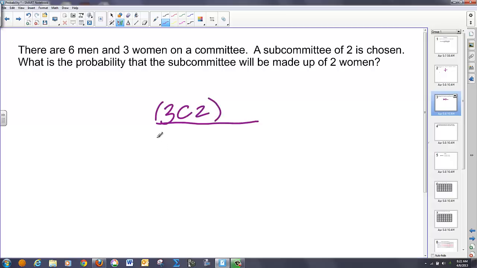And then on the bottom, I need the total number of ways I can pick 2 people. So I've got 9 total people and I'm picking or grouping 2 of them, and it doesn't matter the order in which I group them. So this would be the ratio I'd use to write that probability. And then you could pop that into a calculator and get that done. And that's going to get us 1/12.